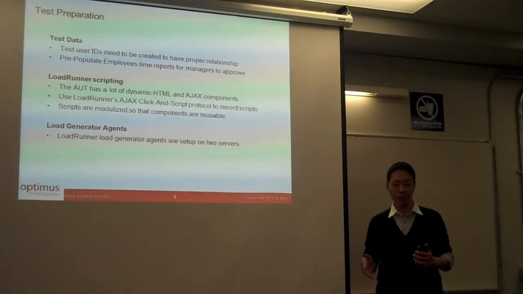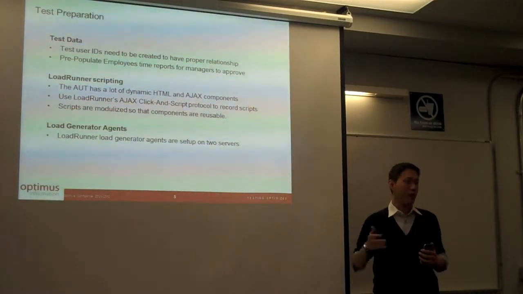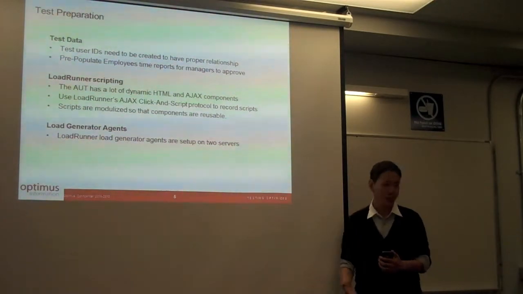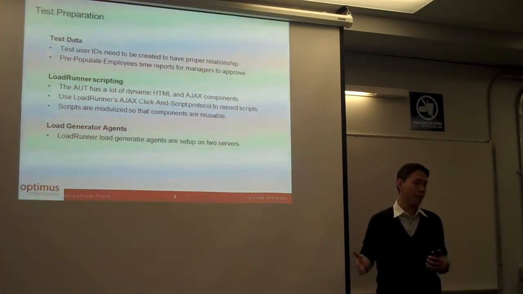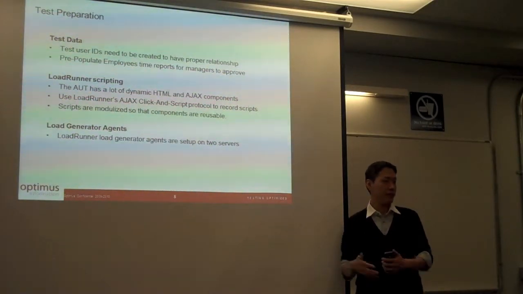So when you plan out your load generators, you have to put them on different network segments and work closely with the network operation technicians and create different subnets for you to place your load generators on different parts of the network.